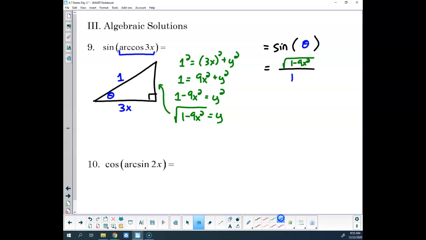So I could just write this as the square root of 1 minus 9x squared. Agree? Questions?